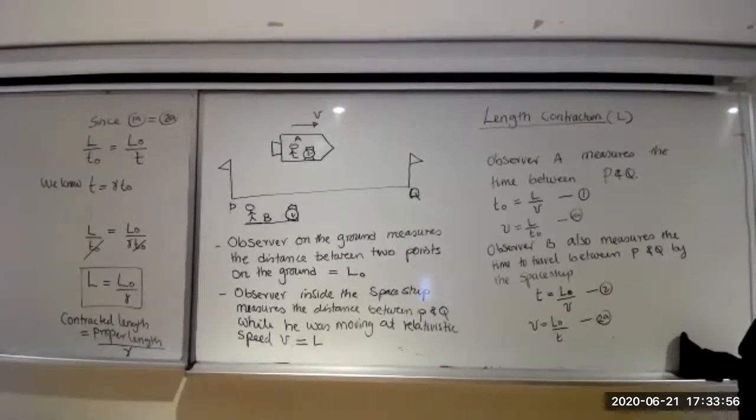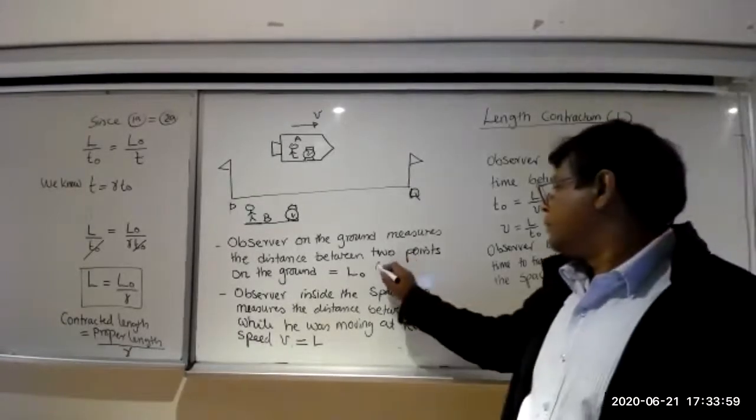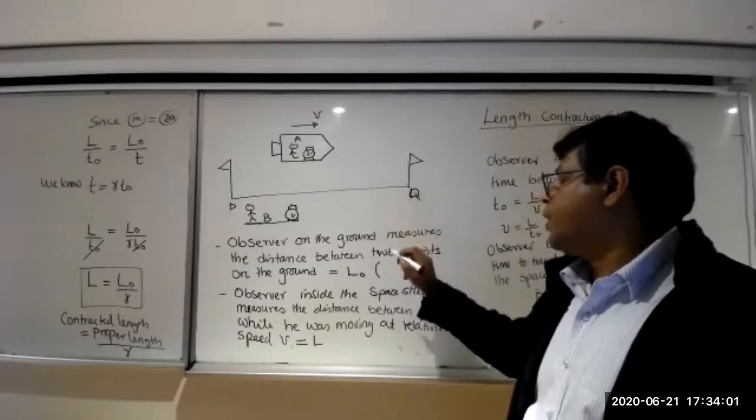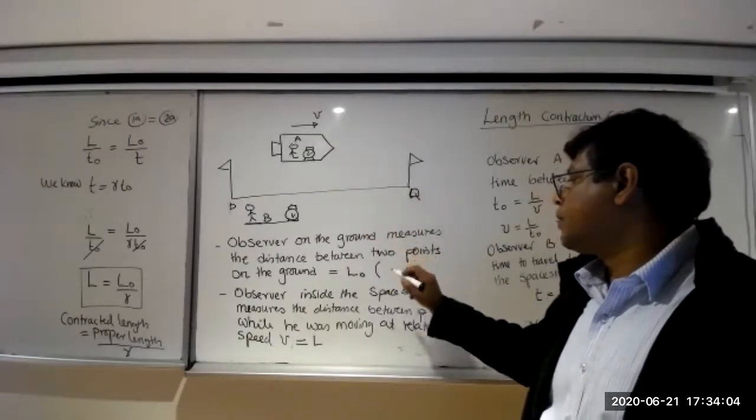L naught is the proper length, because the PQ points are stationary relative to the observer.